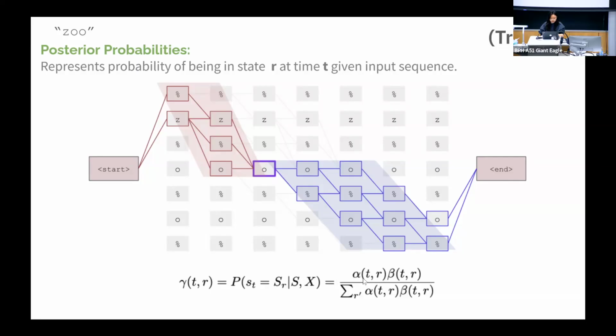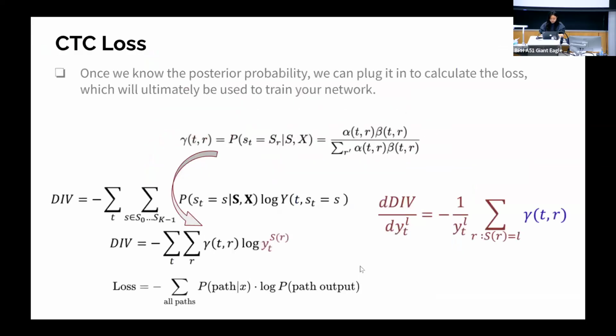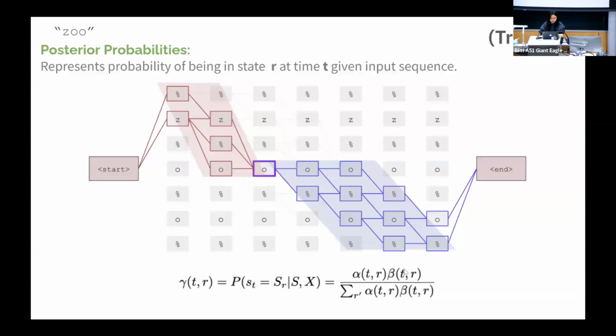It considers both the forward and backward probability, alpha multiplied by beta, and we normalize this numerator by the total probability across all symbols r prime and across all valid paths, so that after normalization, your value will be between 0 and 1 and sum to 1. So it's a typical probability.